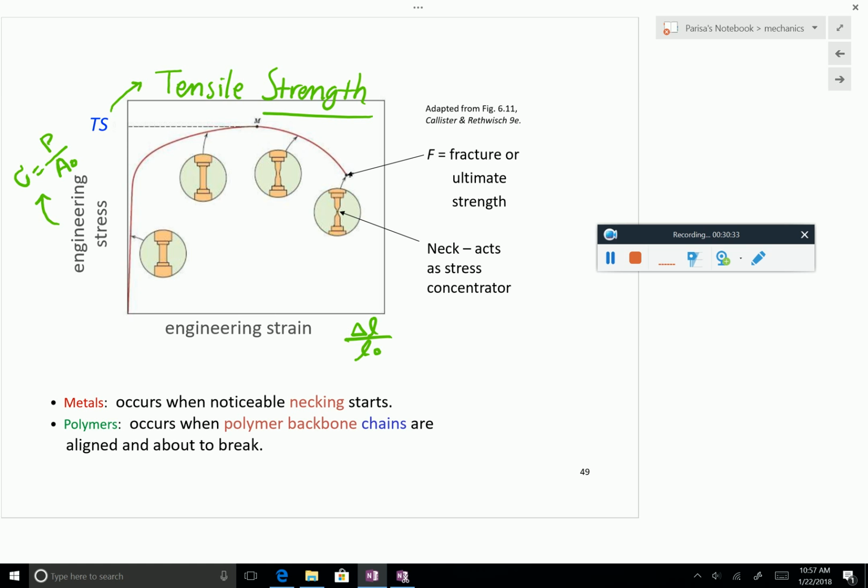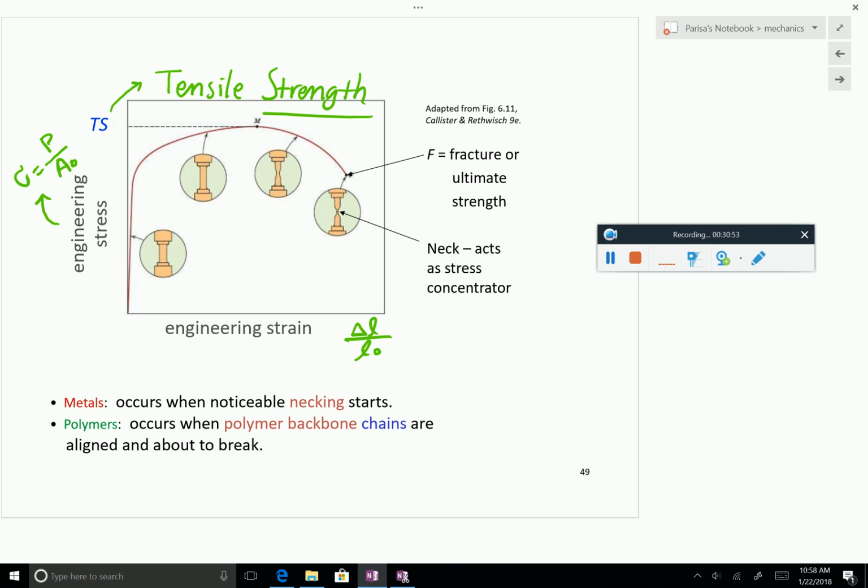And that's why it's called tensile strength. And you can see that after that you see a large amount of necking, and then rupture happens later.